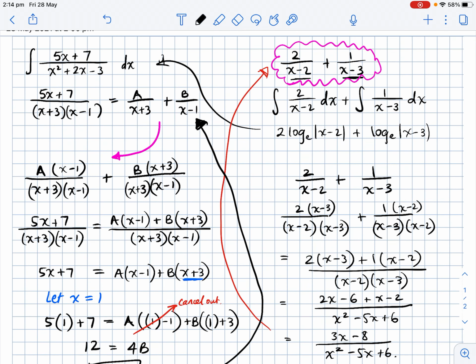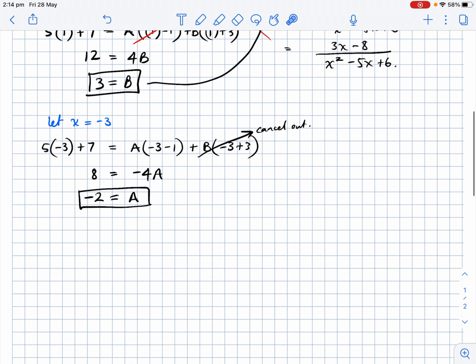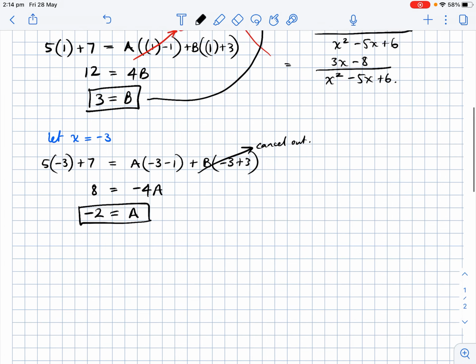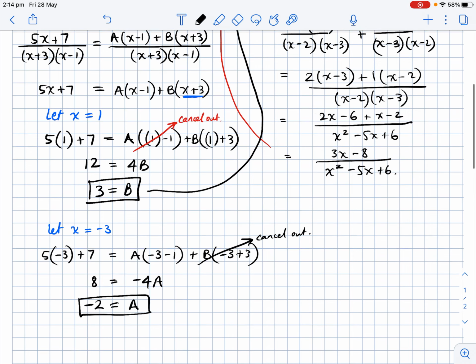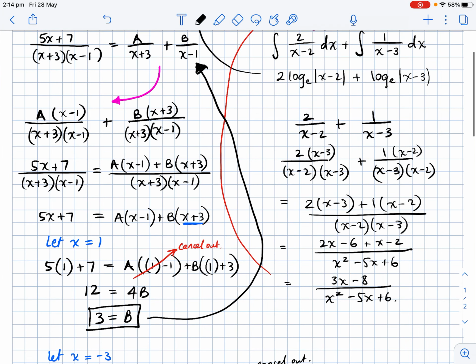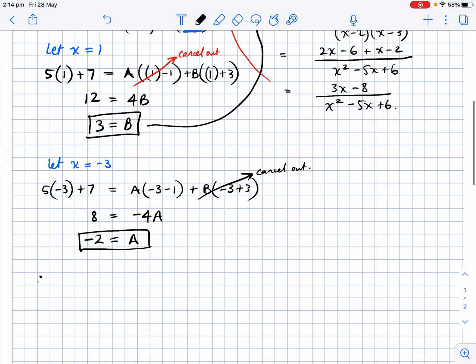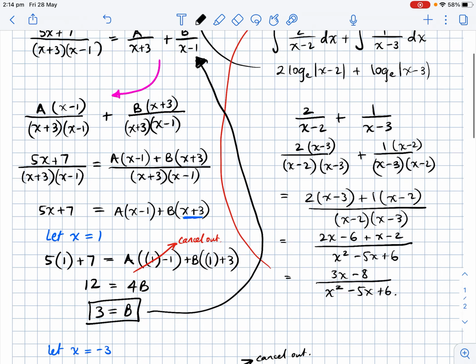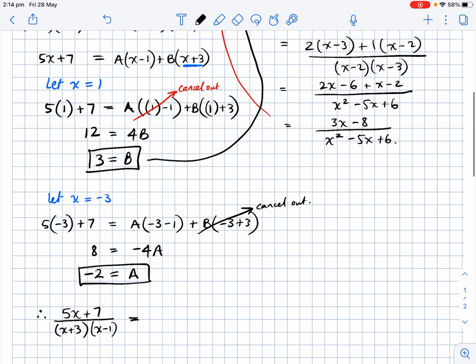Awesome. We now have my b value and my a value that creates an equivalent expression for my original integral. Okay, so got to try and remember all of those numbers now. So I can write that 5x plus 7 divided by x plus 3, x minus 1 is equivalent to a over x plus 3.